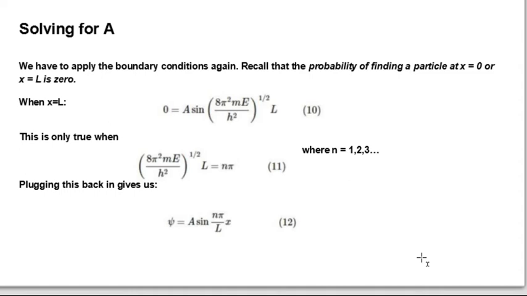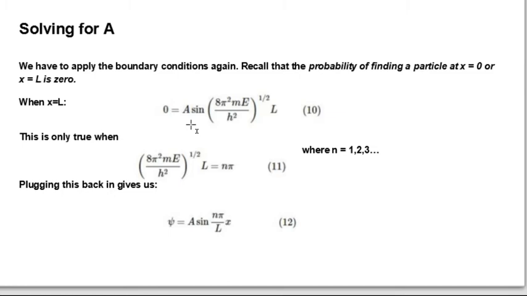To solve for a, we again apply boundary condition. Which boundary condition? X equals L. Then psi becomes equal to 0. Then our expression for wave function becomes 0 is equal to a sin 8 pi square me by h square raised to half L. As a is not equal to 0, of course, the sine term should be equal to 0.